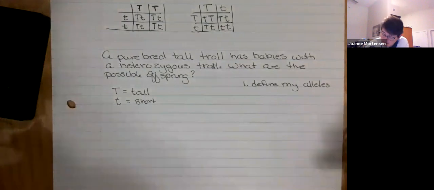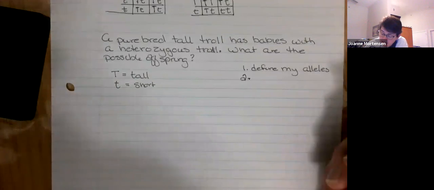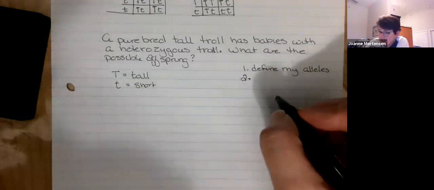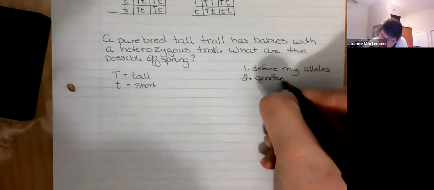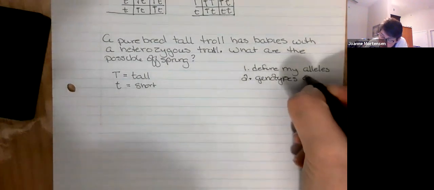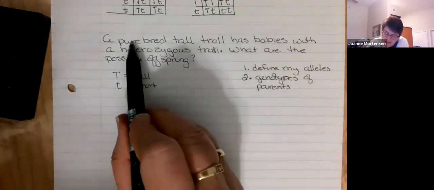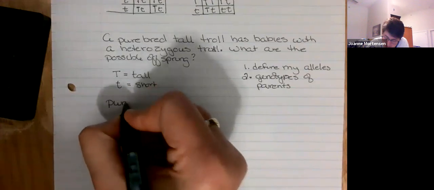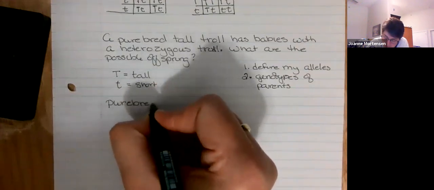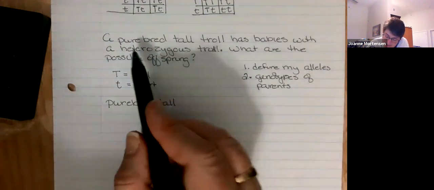So second thing you want to do is determine the genotypes of the parents. All right, so we have one that's purebred tall. So I'm just going to write that over here. And it has babies with a heterozygous.